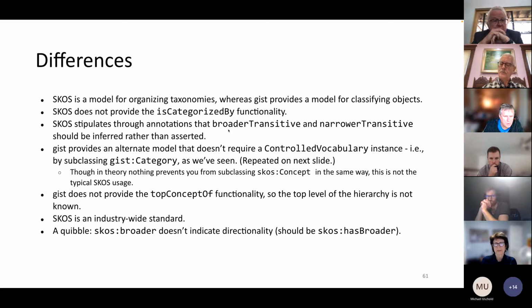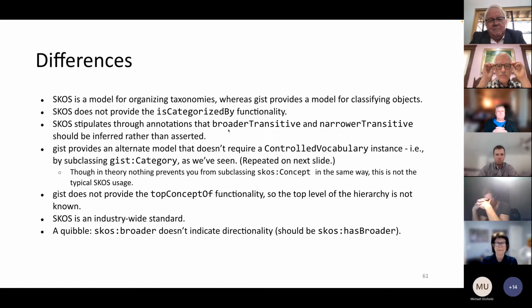SKOS, as I mentioned, explicitly stipulates through annotations that the transitive properties should not be asserted, they should only be inferred. We don't state that explicitly for our direct supercategory and supercategory properties. I don't know what our intention is in that regard, but it's not stated. I mean, that is the intention, so we probably should state it.